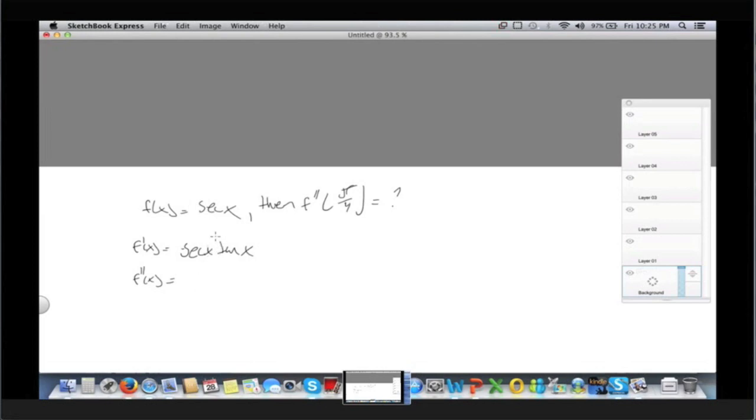Now, the second derivative. So we got the derivative of secant x, which is the product of two functions. And we take the derivative of that and use the product rule.